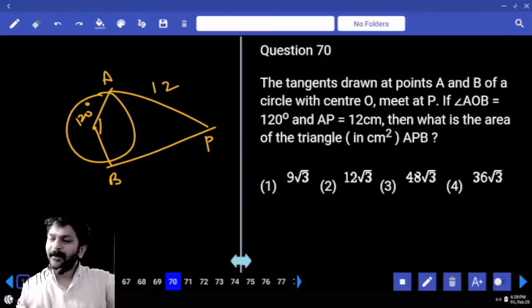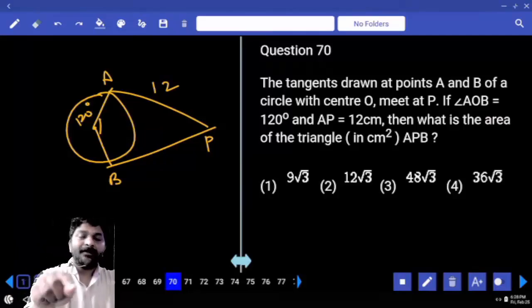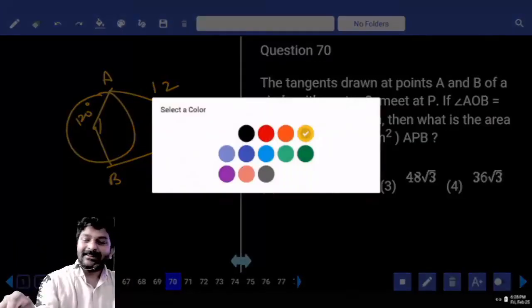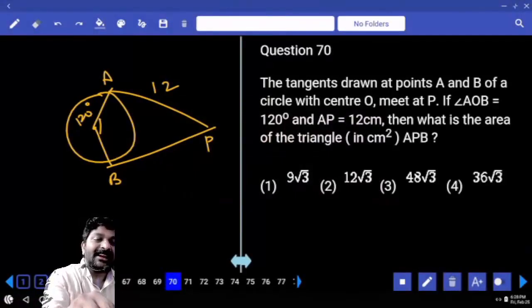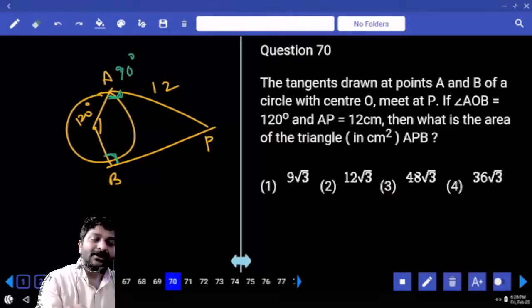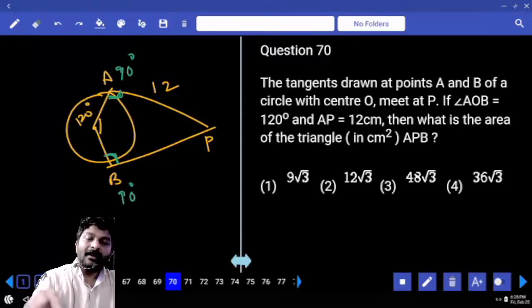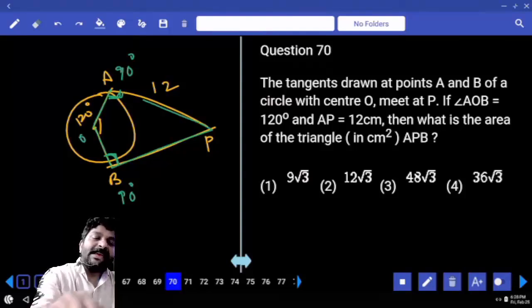Next, what is the area of the triangle? Now, where a tangent meets the circle, the angle is 90 degrees. And at B also, the angle is 90 degrees. AOBP is a quadrilateral.